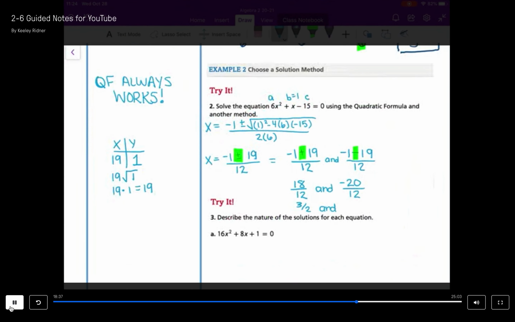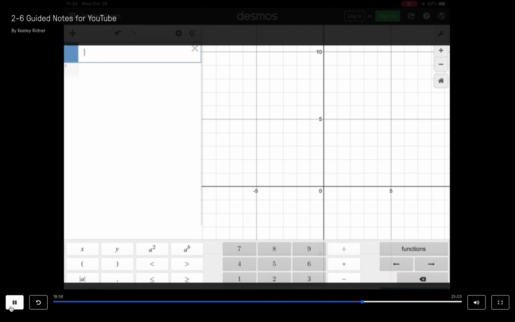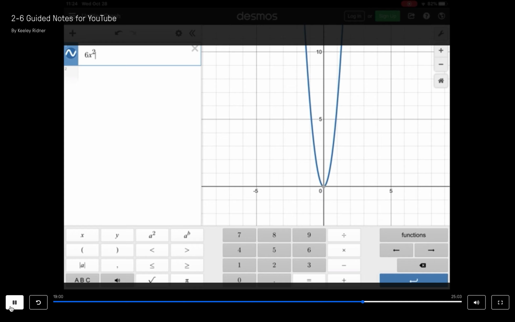Wrong button. Now, I will tell you that this is factorable using that snowflake method that we did. And then we would set each one of those equal to 0, solve, and we would get 3/2 and negative 5/3.